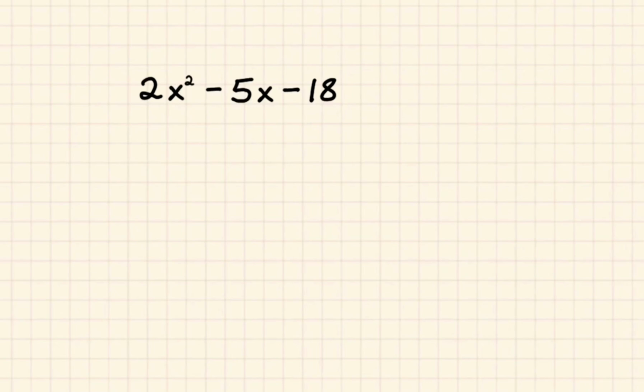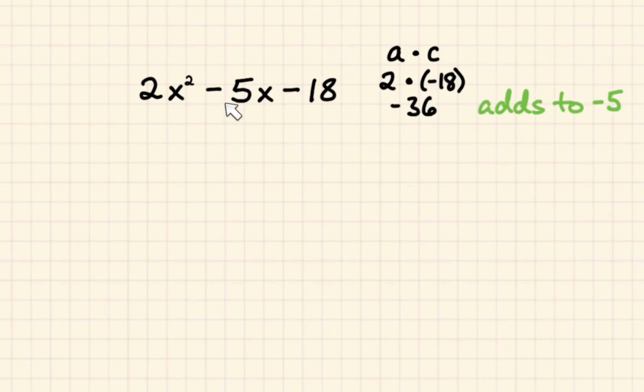2x squared minus 5x minus 18. Well, a times c is 2 times negative 18. I get negative 36. I'm going to see that it adds to negative 5. 3 times negative 12 gives me negative 36, but that adds to negative 9. 4 times negative 9 gives me negative 36.